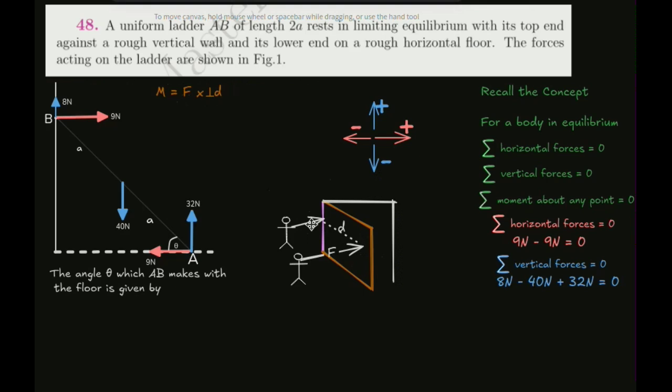So for us to produce a greater moment, the force should be applied at a distance from the pivot, and if the force is applied directly at the pivot, the resulting moment will be 0.